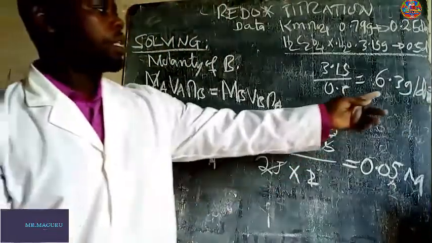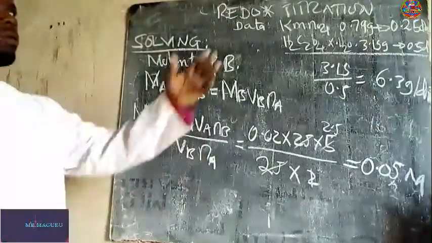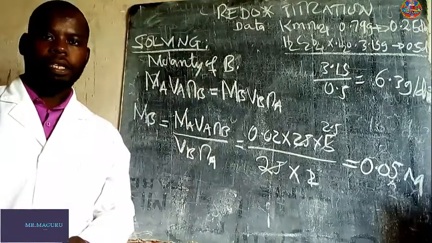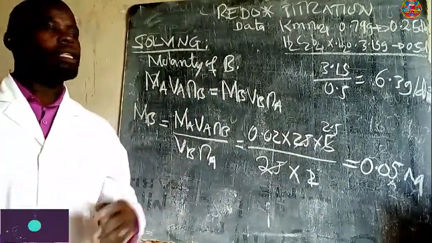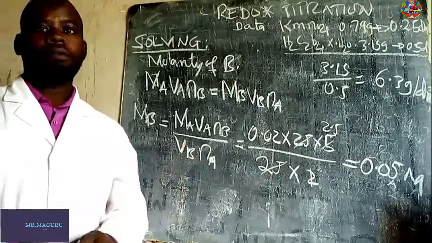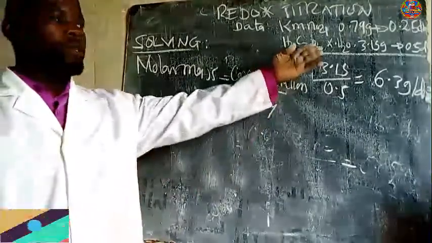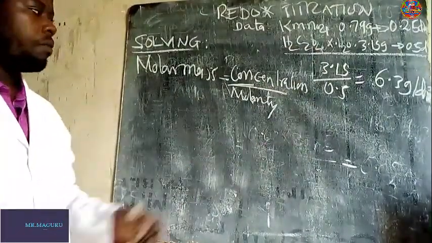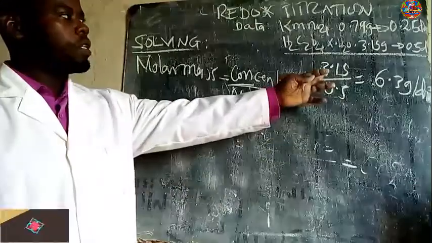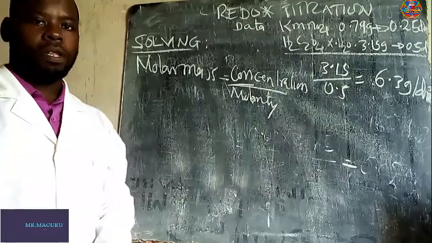So we take this one, we divide by this one, we get the molar mass of the whole compound of oxalic acid. And then we are going to use the molar mass as relative atomic mass to calculate the value of water of crystallization. So the molar mass of solution B is equal to concentration over molarity. Our concentration, we have this divided by this one, we get 6.3.